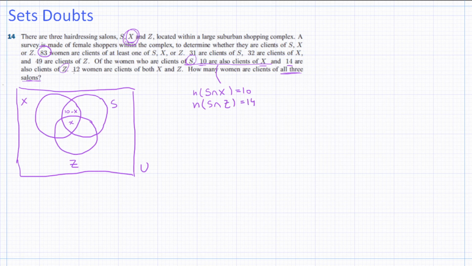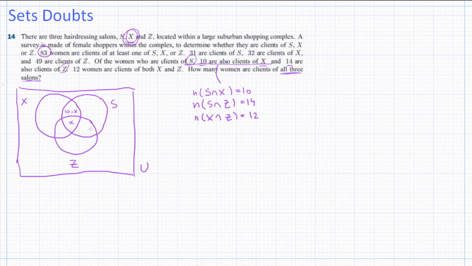And we could even do the next one. 12 women are clients of both X and Z. So the number of elements in the intersection of X and Z would be 12. We can fill in those other blanks using this information just like before. The intersection between S and Z is 14. There are 14 people who are in both sets at the same time.